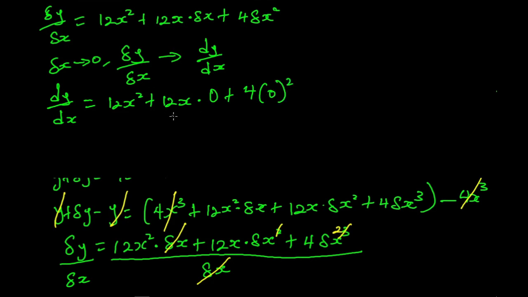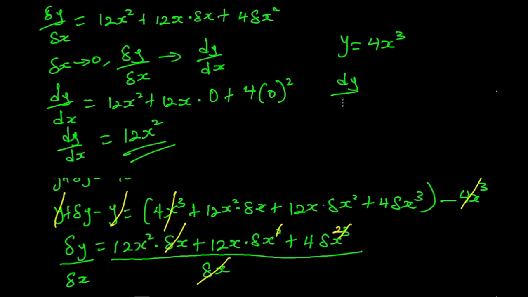So all of this is going to become 0. That means dy over dx is going to be 12x squared. In that case, given a function y equal to 4x cubed, the derivative of that function is going to give us 12x squared.